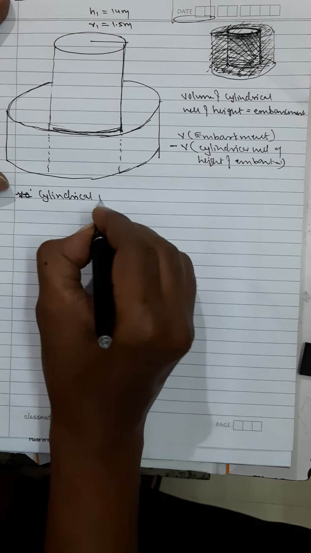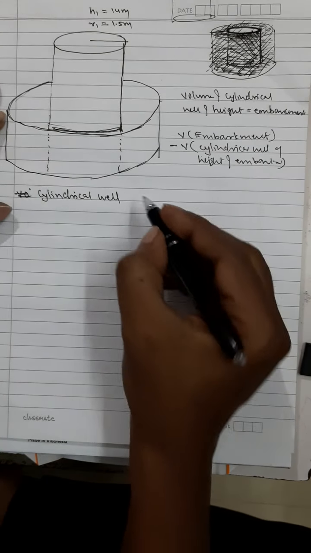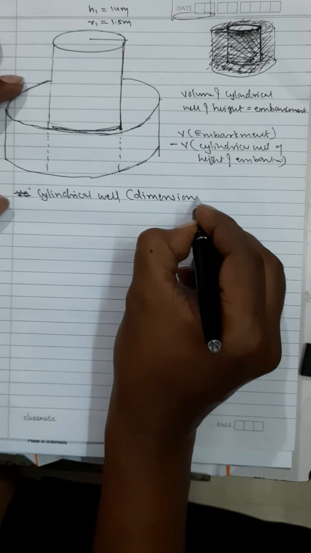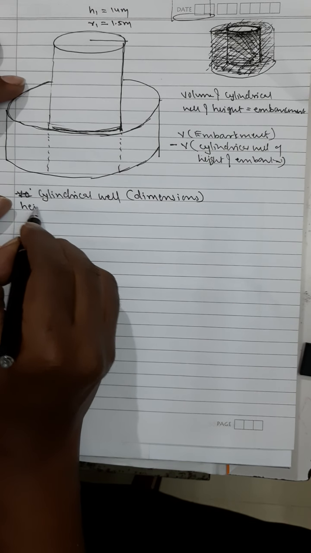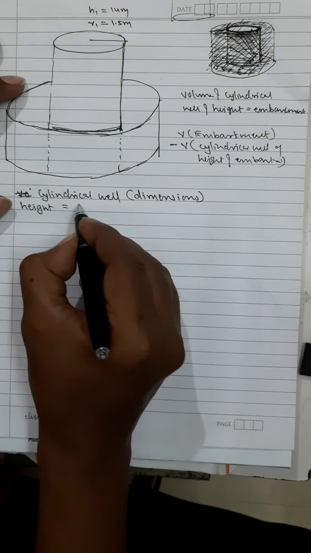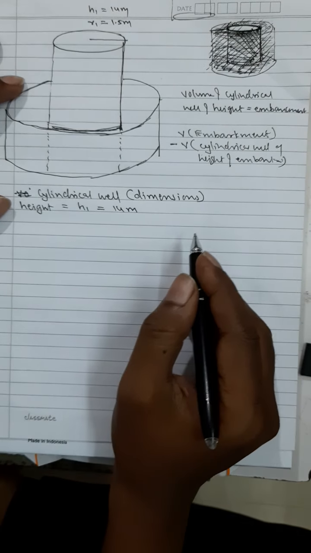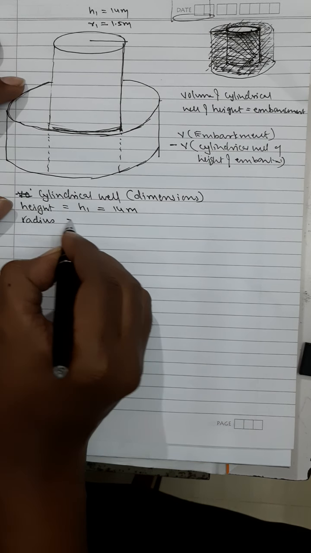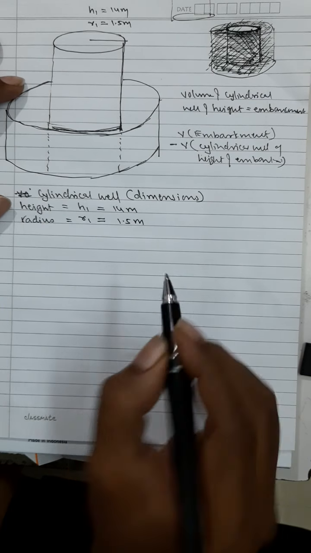First is the cylindrical well. When I talk about the cylindrical well, then the dimensions I will take. Dimensions of cylindrical well: height, be careful, is equal to h1 is equal to 14 meter. This is given in the question. Radius is equal to r1 is equal to 1.5 meter.